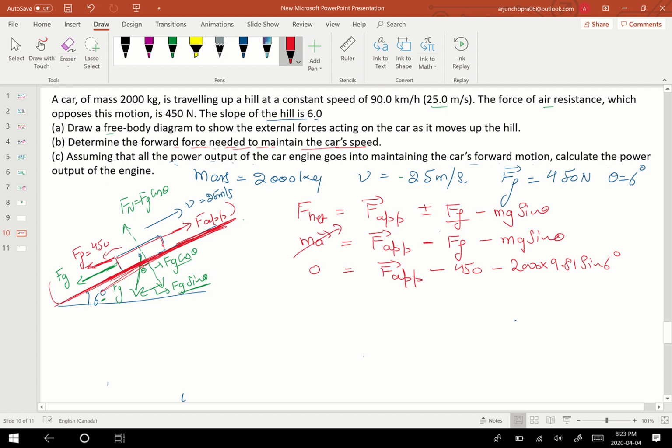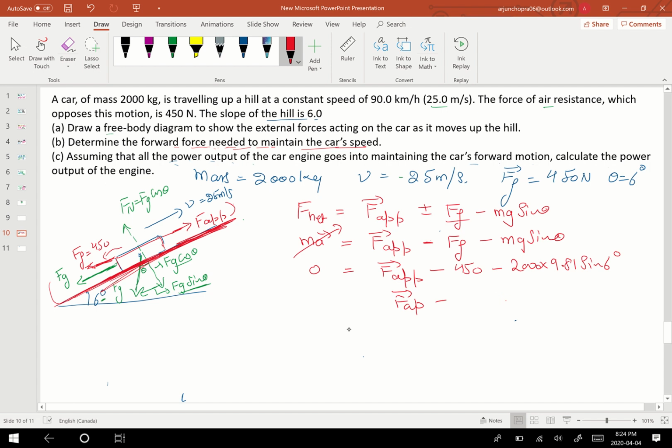So if I calculate this value, the force applied minus 2095.8. Oops, I think I made a mistake. Sorry guys, I'll do it one more time.